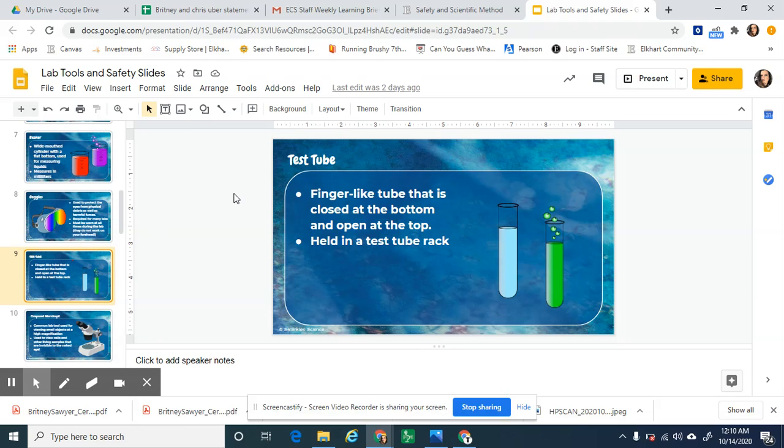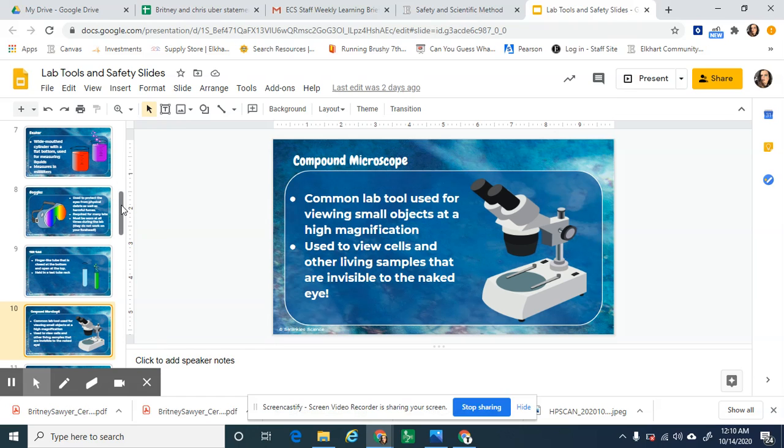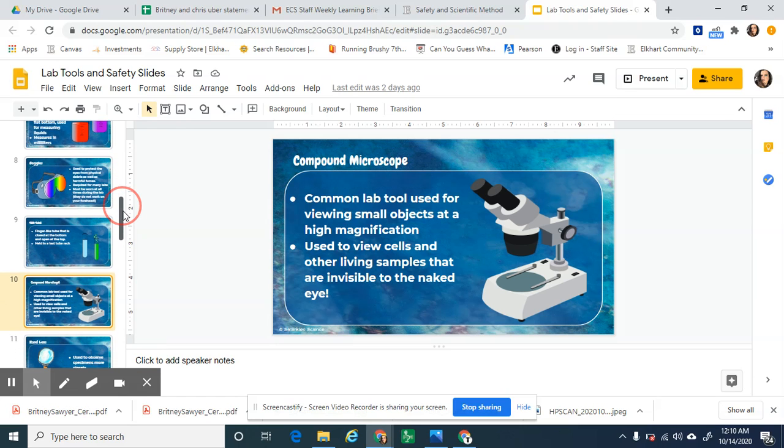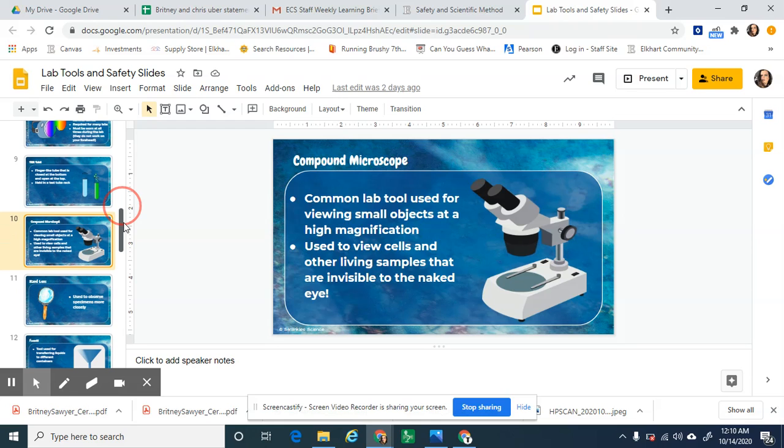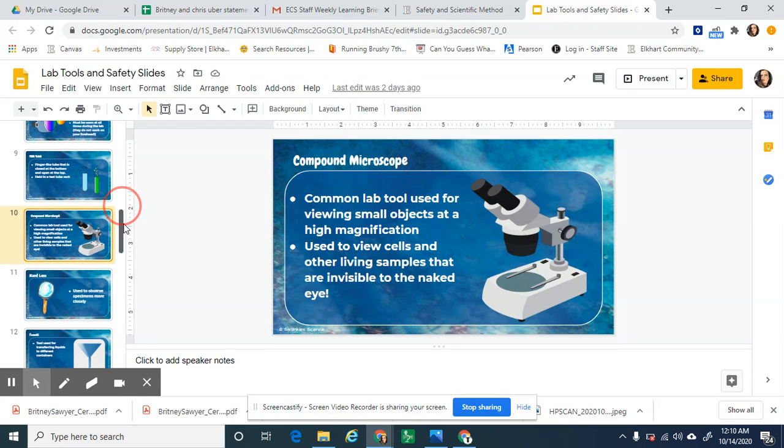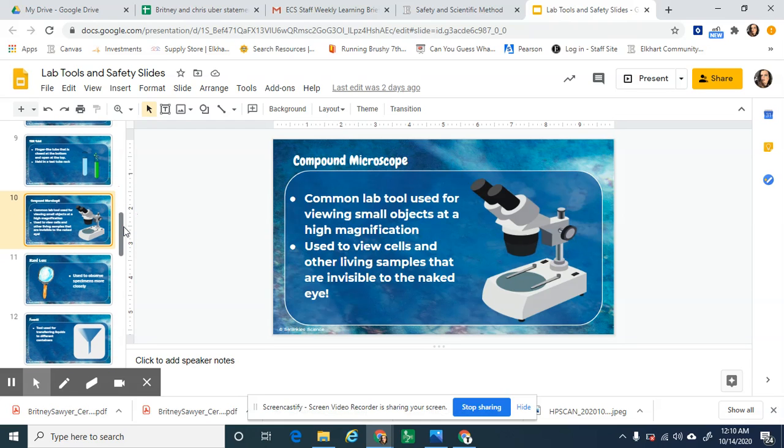A test tube is a finger-like tube that is closed at the bottom and open at the top. It is held in a test tube rack. A compound microscope is a common lab tool used for viewing small objects at a high magnification.